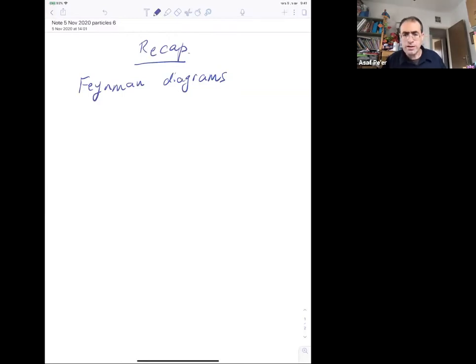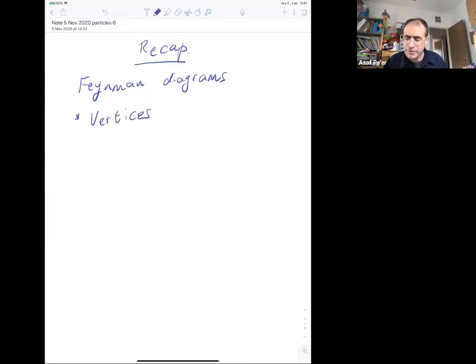We spoke about the key factor in the Feynman diagram, which is the vertex, or vertices, that connects the leptons with the relevant gauge bosons. And this is the way that mediates the interactions.